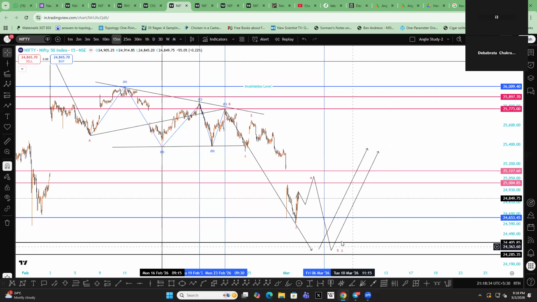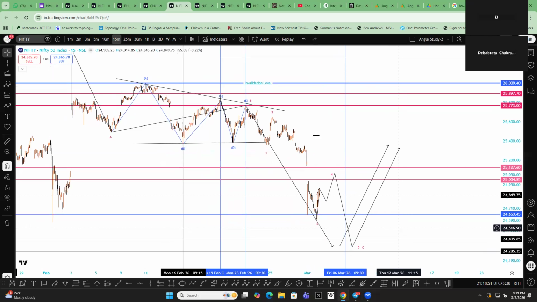So if we get the price in this zone within this time period, and if we get a bounce, then we may assume that this short-term bottom is done in Nifty.